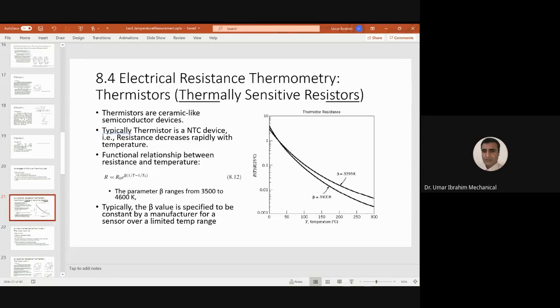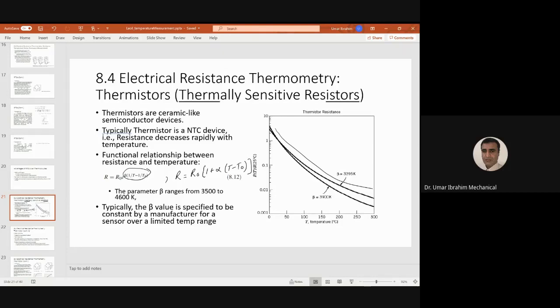The one thing you need to know about this formula is to compare it to the RTD formula, where R is equal to R naught into 1 plus alpha into T minus T naught. Compared to this formula, you can see that this whole term, beta into 1 over T minus 1 over T naught, is e raised to the power. So it's an exponential relationship. Because of that, the change in resistance is significant.